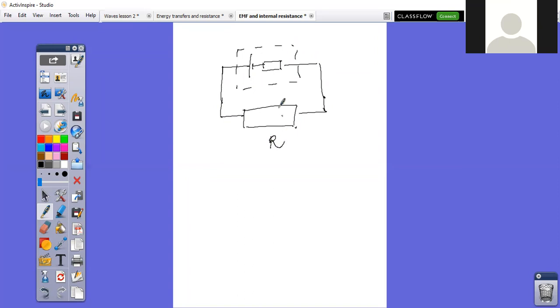So if this is R, that's little r, and that's E, and you've got a current flowing I, in terms of power, yesterday we looked at an equation for power. Well, what is the power that this cell is generating? What do you say in terms of the symbols that are on this board? What is the power generated by the cell?